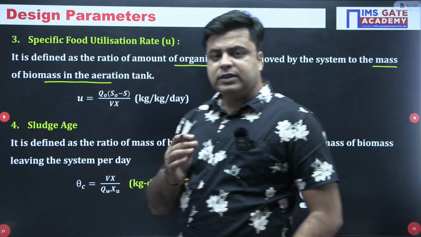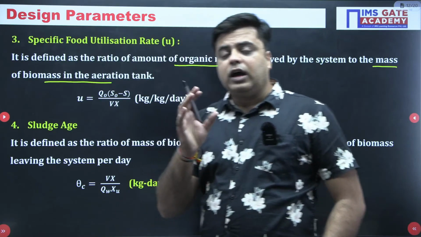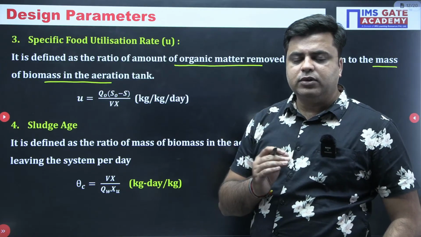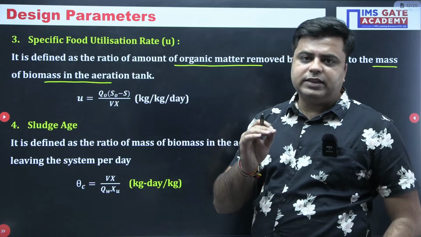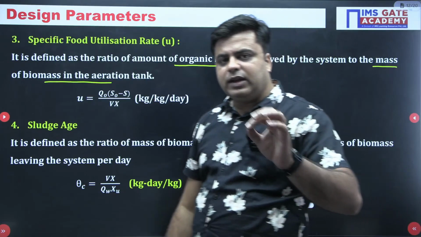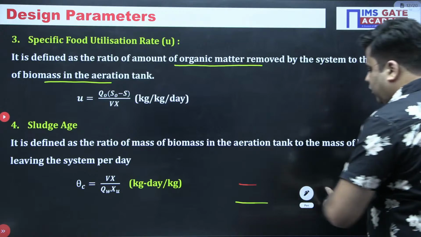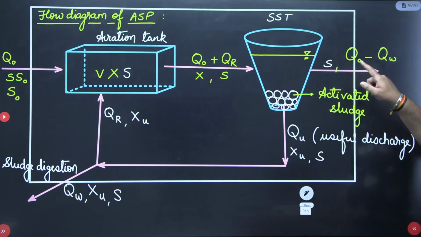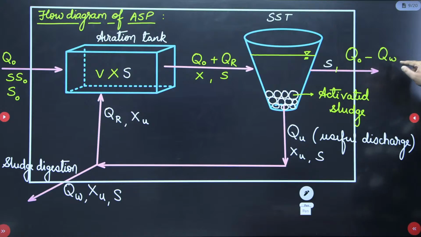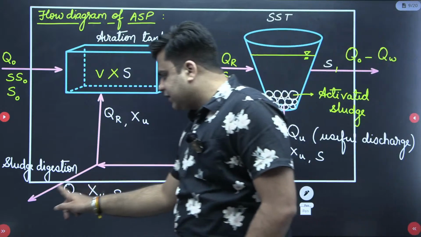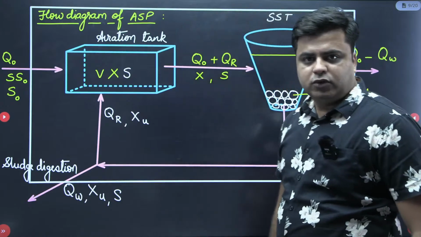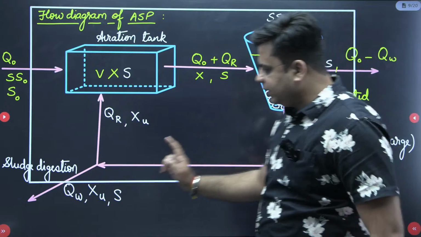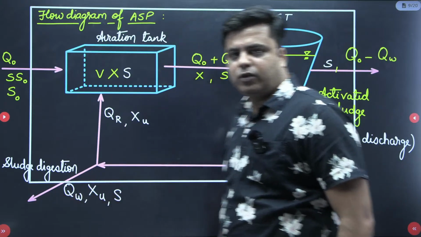It tells us the ratio of amount of organic matter removed from the system to the mass of biomass present in the aeration tank. So one by one, let's see what is the amount of organic matter that is removed from the system. First, organic matter is removed from here, and second, organic matter is removed from here.